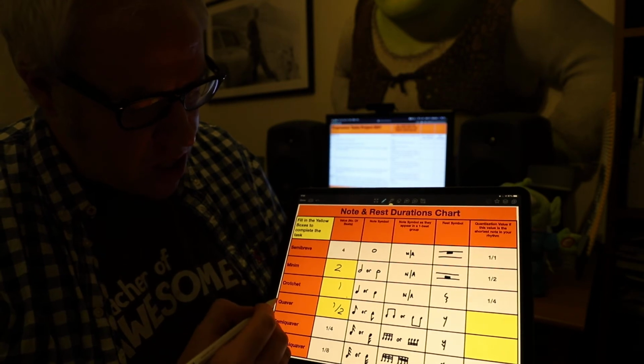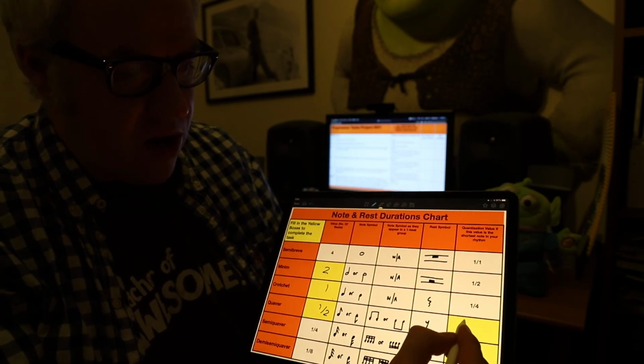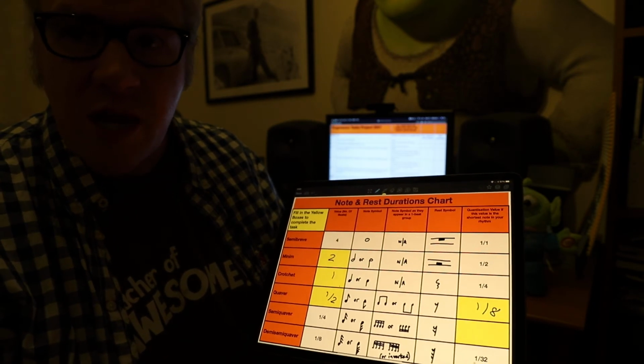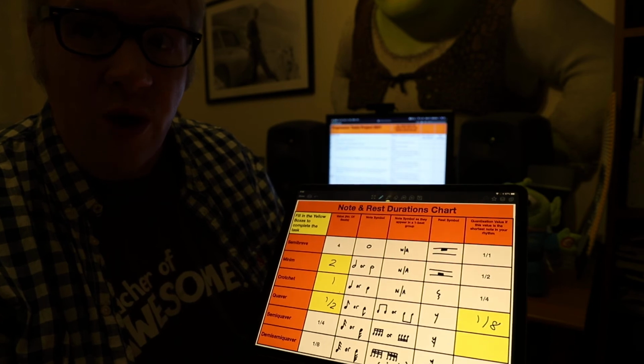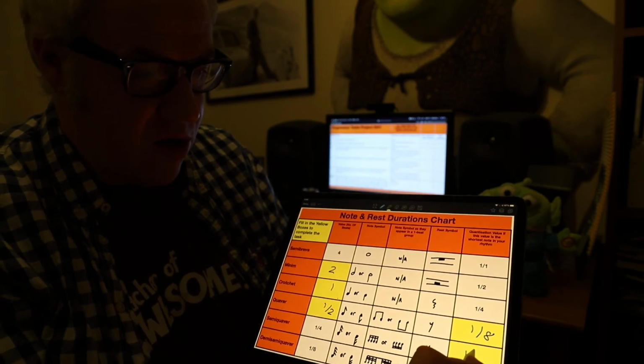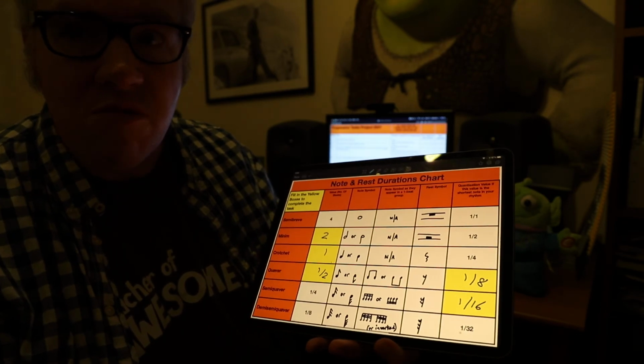So instead of a quarter, for quavers it's going to be 1/8, what you'd set if your shortest note was a quaver. And if your shortest note was a semiquaver, it's 1/16.